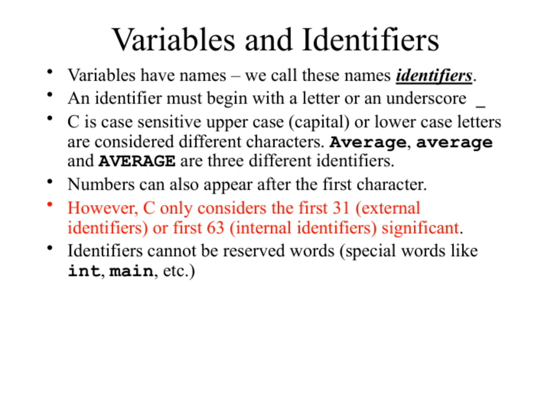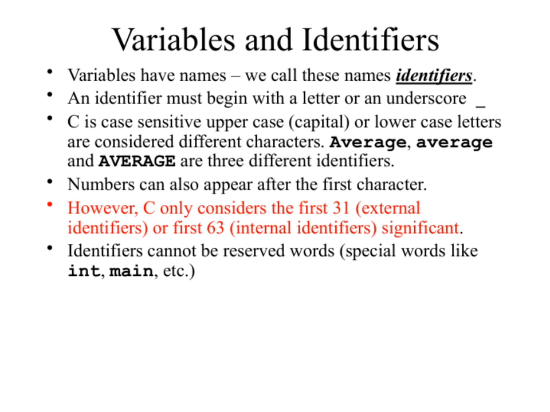Numbers can also appear after the first character of an identifier, but the key point is that the first character cannot be a number. Additionally, C only considers the first 31 characters for external identifiers and the first 63 characters for internal identifiers when distinguishing between different identifiers.